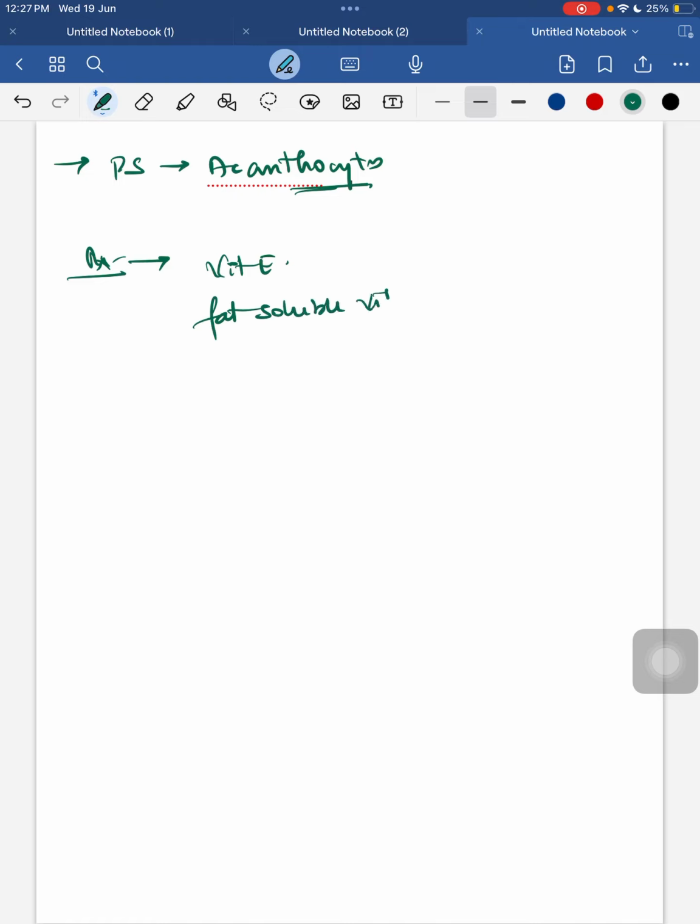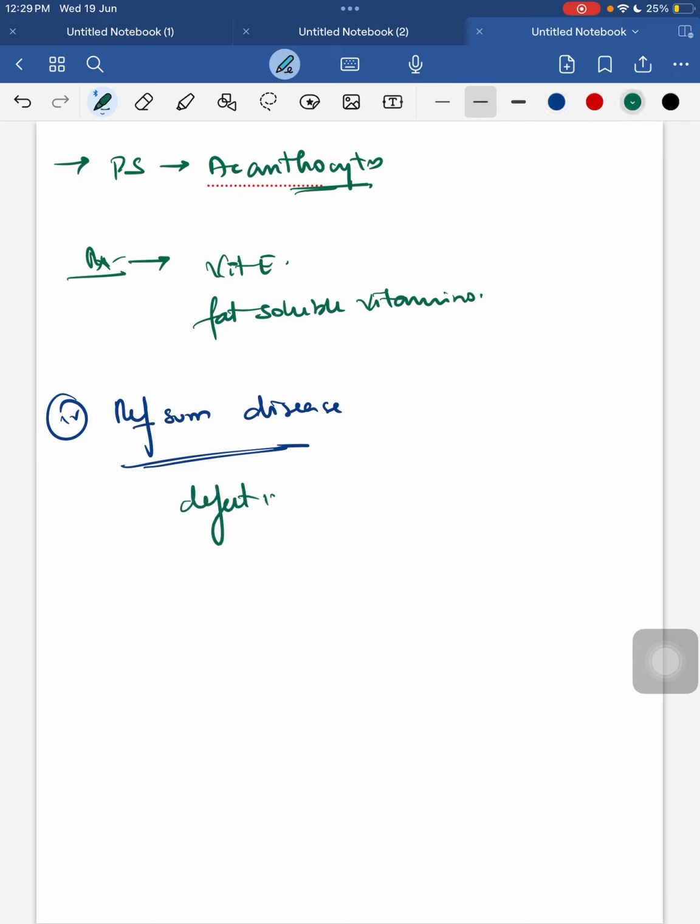Coming to your cerebellar ataxia, you can classify it as either an inherited ataxia or an acquired one. In inherited ataxia, you have two, one is autosomal dominant and another is autosomal recessive. Autosomal recessive is the most common one. In autosomal recessive, Friedreich ataxia is the most common of all.